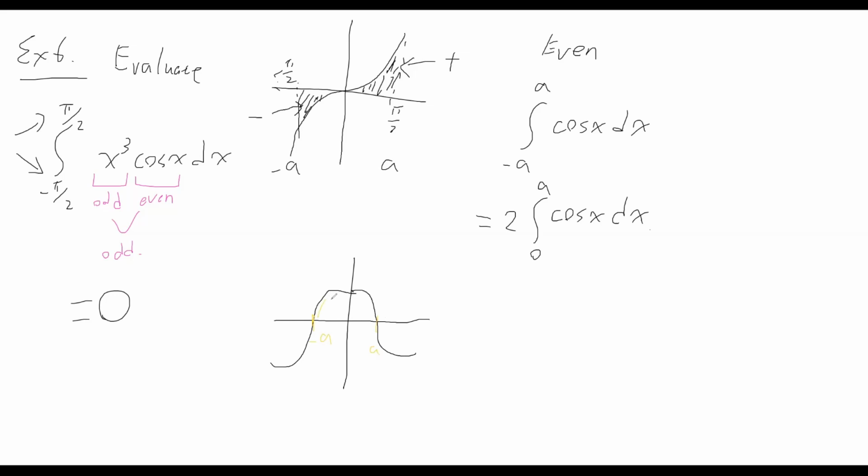So that this area is the same as the right-hand side of this area. They are the same. So you can just find the red area and multiply that by 2, and that will give you the whole area under the curve from negative a to a. That's just some tricks and tips that you can use.